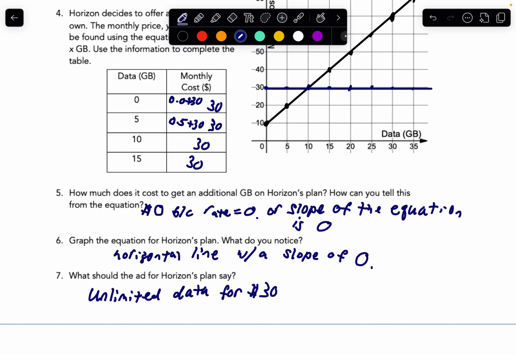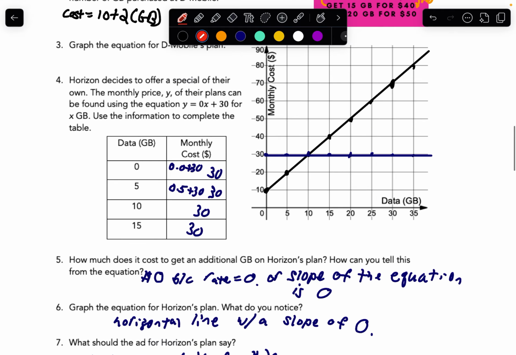Okay. Now let's go back and fill in some cool side notes here. This equation could have simply been written as y equals 30 without the 0x. The 0x is just explicitly saying that the slope is 0. But you can just write y equals 30, which is also y equals 0x plus 30.